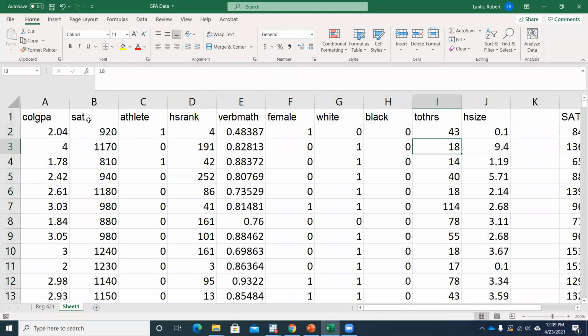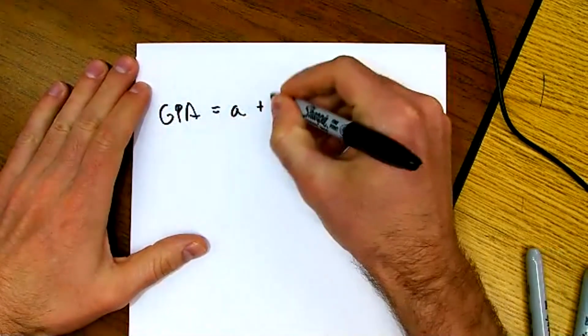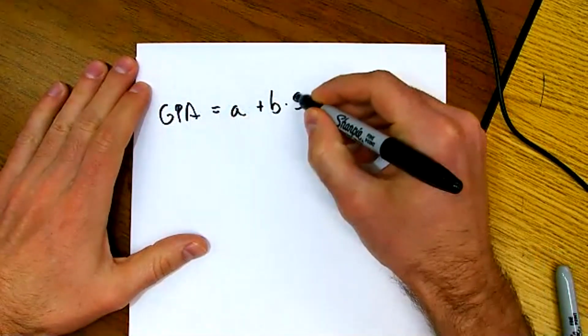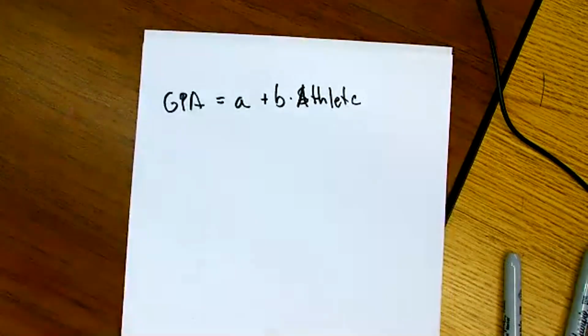I might be interested in something like, how does being a student athlete impact college GPAs? So let me switch over to the cam here. What I'm thinking about is I want to run this regression because I'm interested in how GPAs are related to whether or not the individual is a student athlete.